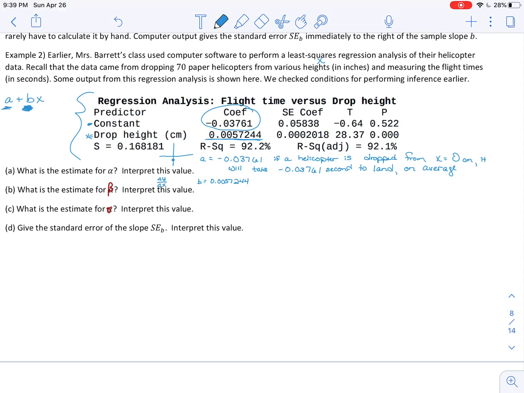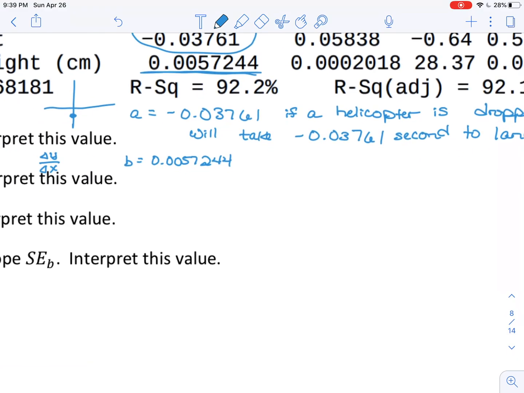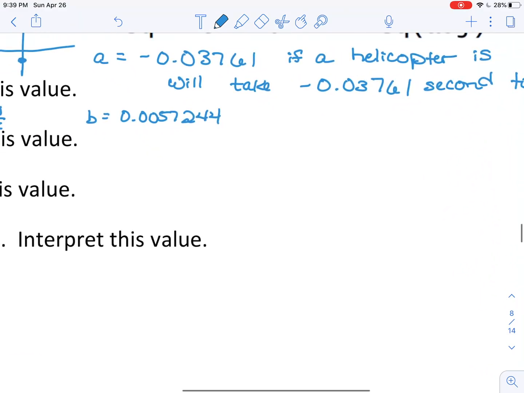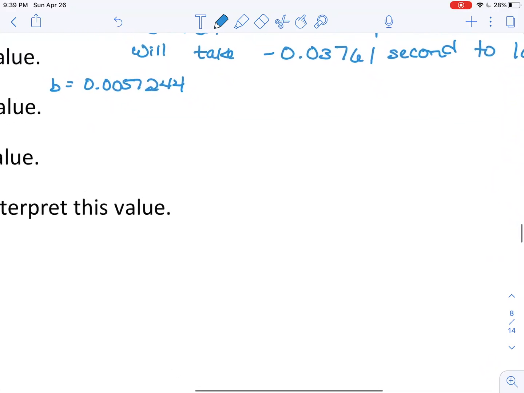We have to put this in context. We've said several times that our height was our explanatory variable, and the flight time is what we're predicting. It's our y value. So change in y and change in x is change in flight time every time you change the height by a centimeter. So this is how much we are predicting the average to change.